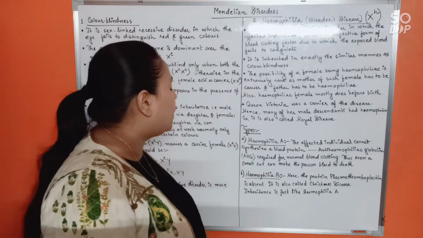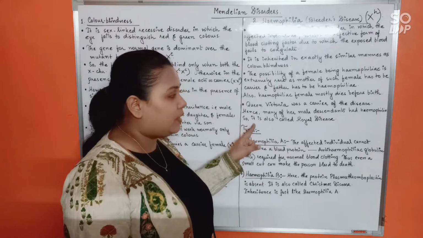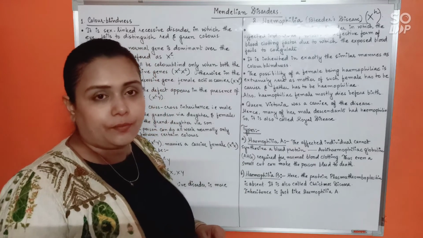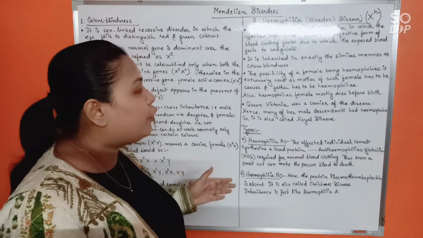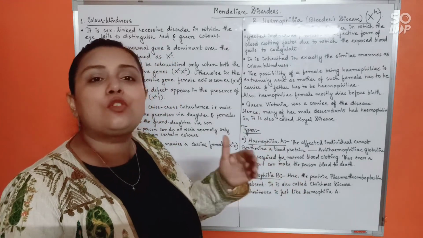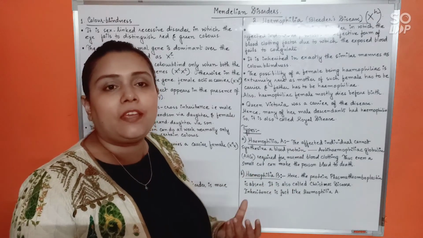Now, another very important thing regarding hemophilia. See this point. Queen Victoria was a carrier of the disease. Of course when the mother is a carrier, directly the X chromosome of the mother comes to whom? The son. And the son does not have the opportunity of behaving as a carrier.